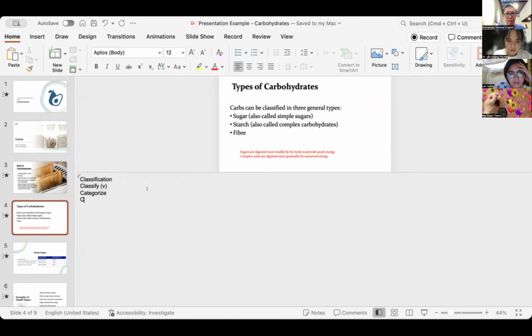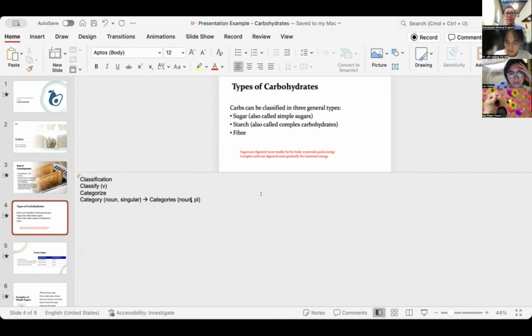Categorize, category, and this one is noun and singular. And we have categories, noun, and plural noun.